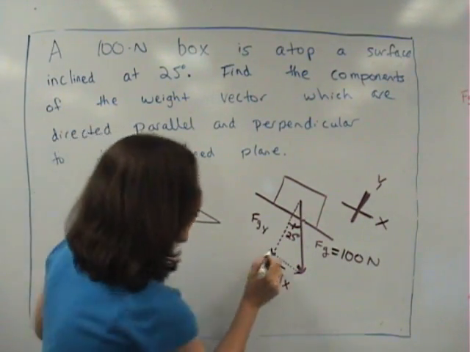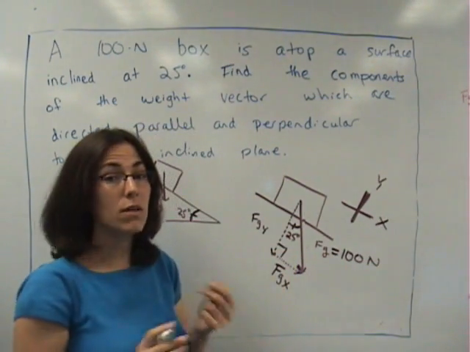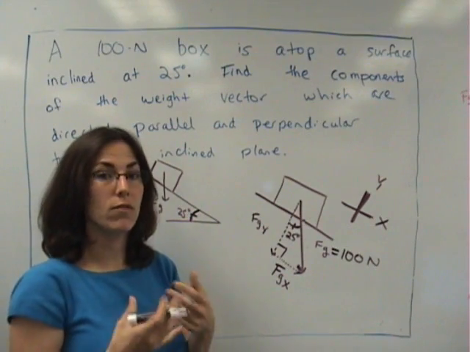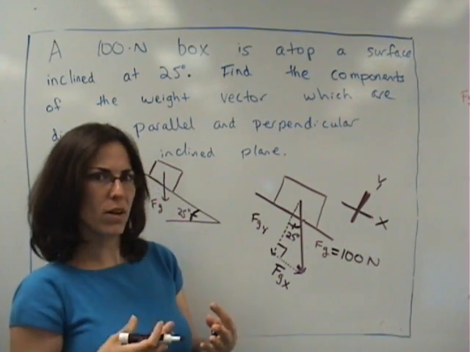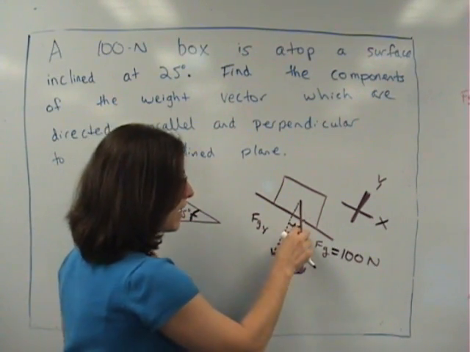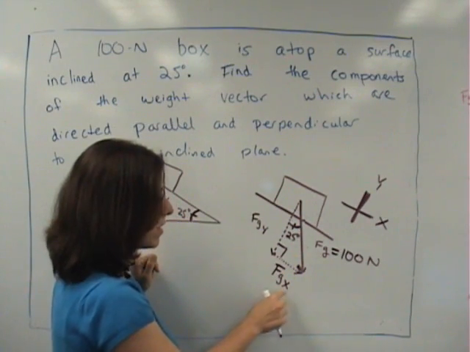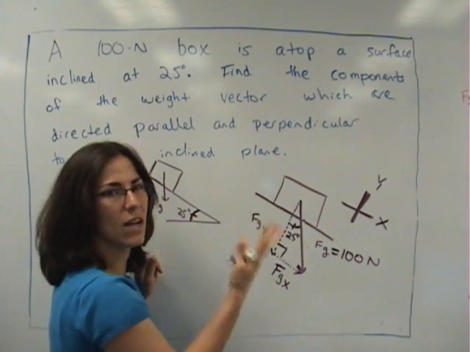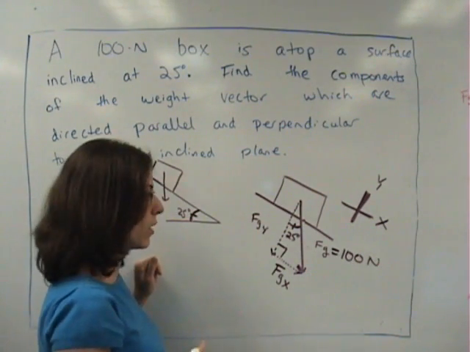And then it's really a simple right triangle. The y and x components are always perpendicular to each other. So I have a hypotenuse, I have an angle, and I'm looking for sides. The one thing that's a little weird about it is if you'll notice that if this is my angle, my opposite side goes with x, which is a little weird for some people. And my adjacent side goes with y. It's not what you're used to doing, but it'll work.